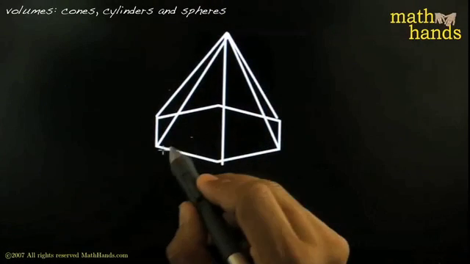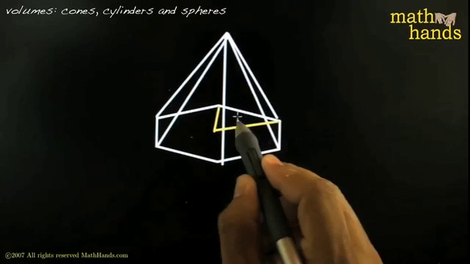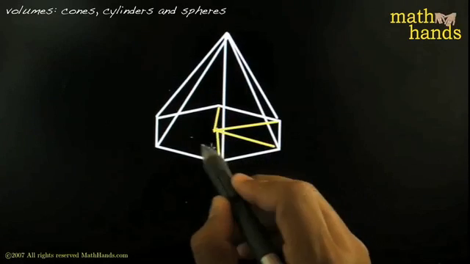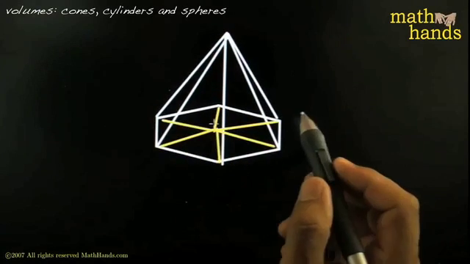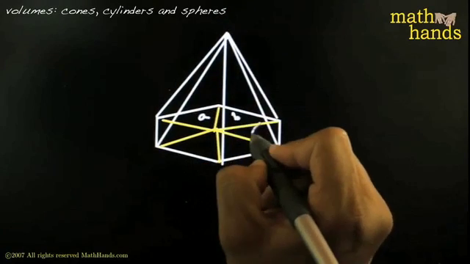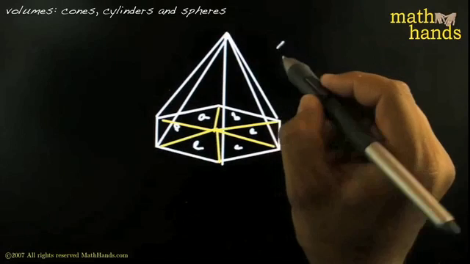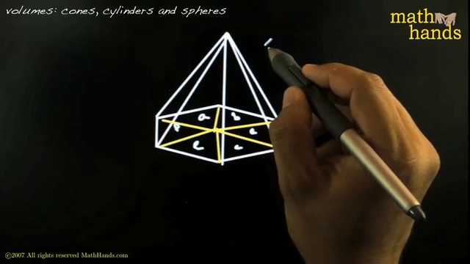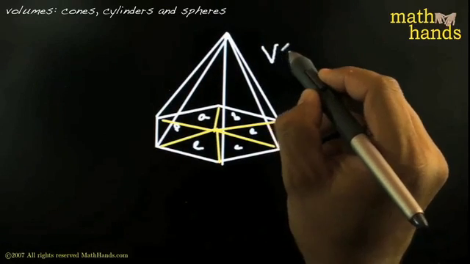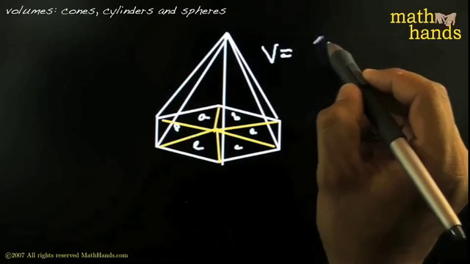Because look, you could ultimately break this up into a triangle bottom, another triangle, another triangle, another triangle, another triangle, and you break it up into little areas. You call this one A, B, C, D, E, F, and eventually the total volume could be thought of as the sum of the little pieces.